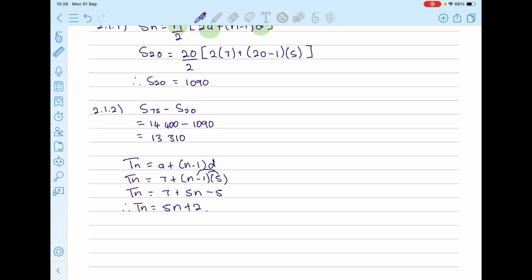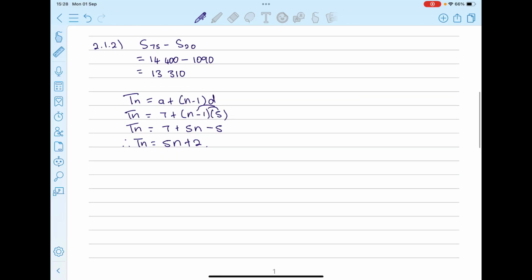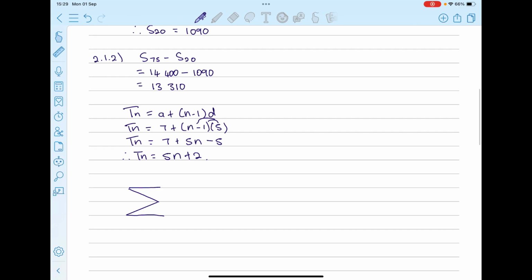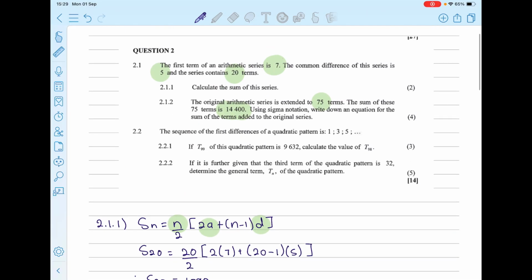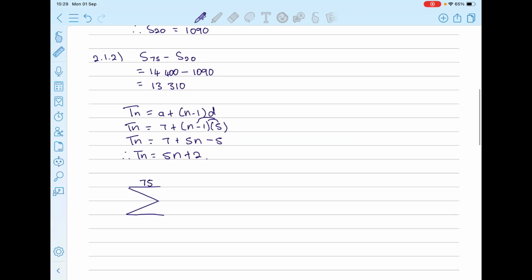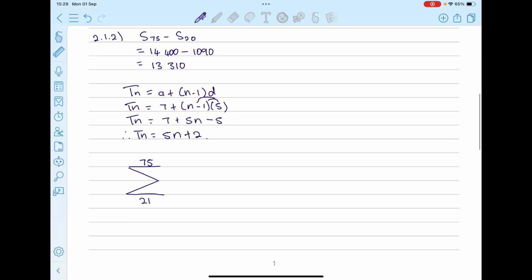Now we've got all the information we need to set up our sigma notation equation. So this is sigma. Okay, so at the top is the number we're going to substitute last, and for us that will be 75. And at the bottom is the number we substitute first. And because here we already calculated the sum of the 20, that means we start substituting from 21 if you want to determine the sum of the numbers in between.